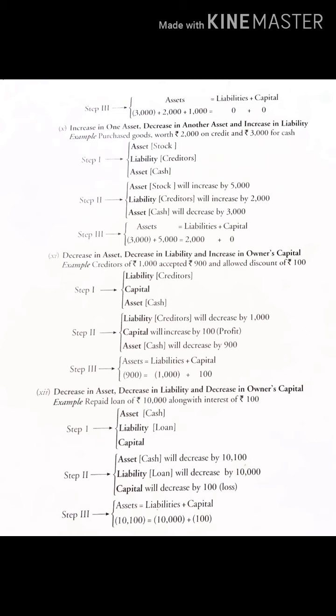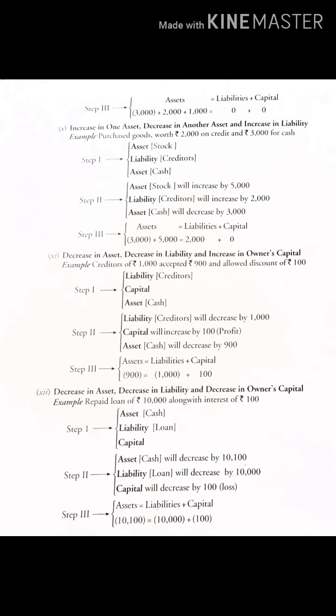Creditors have given us a discount, we have received the discount. In the previous example we gave the discount, right? Now in the current example, what is the situation? We have received a discount, somebody has offered us a concession. Okay, now liabilities, capital will be affected, and assets, cash will be affected.